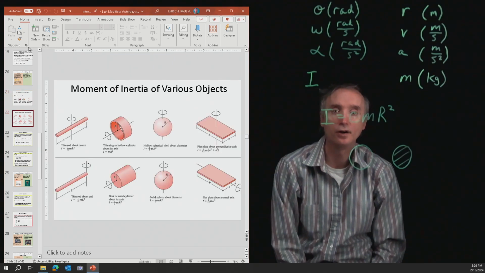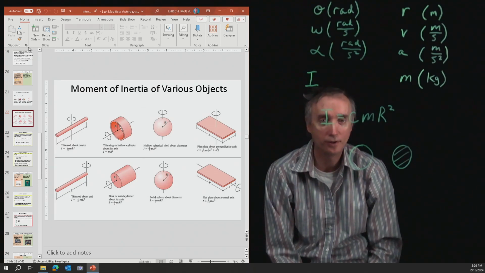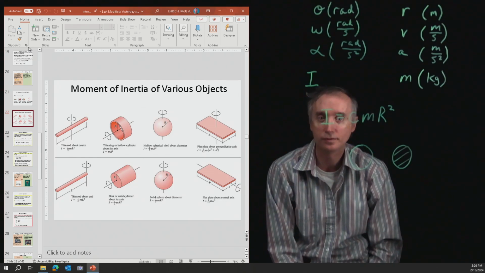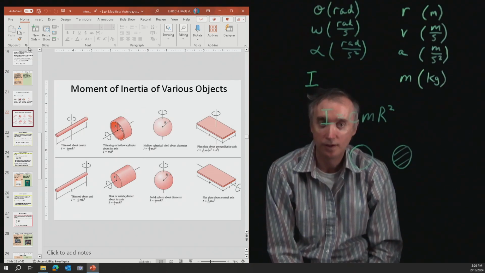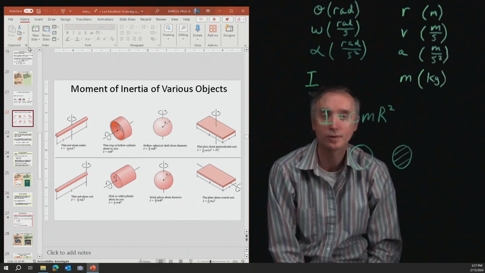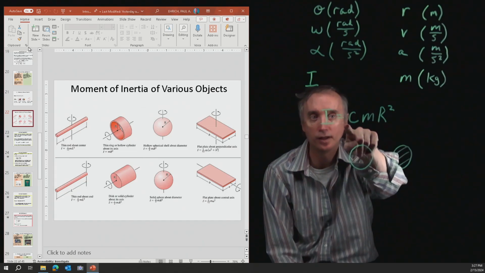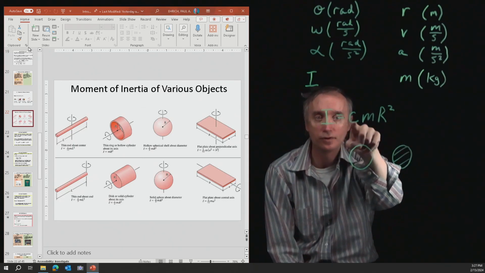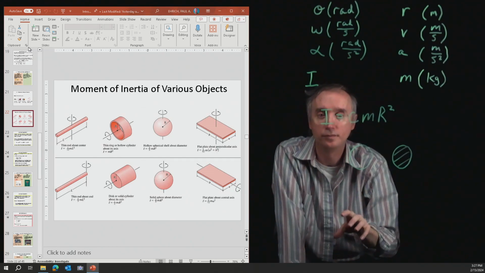Now, here are some different shaped objects, and don't worry about them, okay? You're not going to have to know these shapes for the exam, and you're not going to need to know what their moments of inertia are. But if you were to take upper level physics, and if you knew some calculus, you would be able to mathematically calculate the moments of inertia for each of those different objects. So the moments of inertia are given for each one of them.